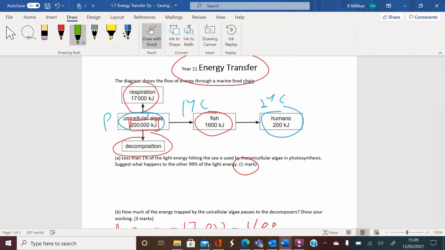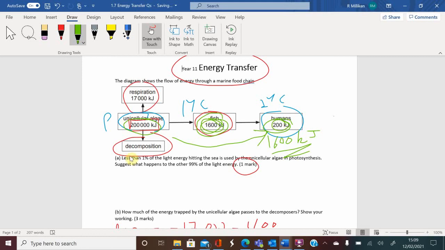Of the 200,000 kilojoules that algae take in, 1,600 goes to the fish, whereas by the time it gets to humans, there's only 200 left. So you're asked to make reference to the fact that humans could, if they ate the algae directly, gain that 1,600 kilojoules that the fish get, rather than way down at 200.